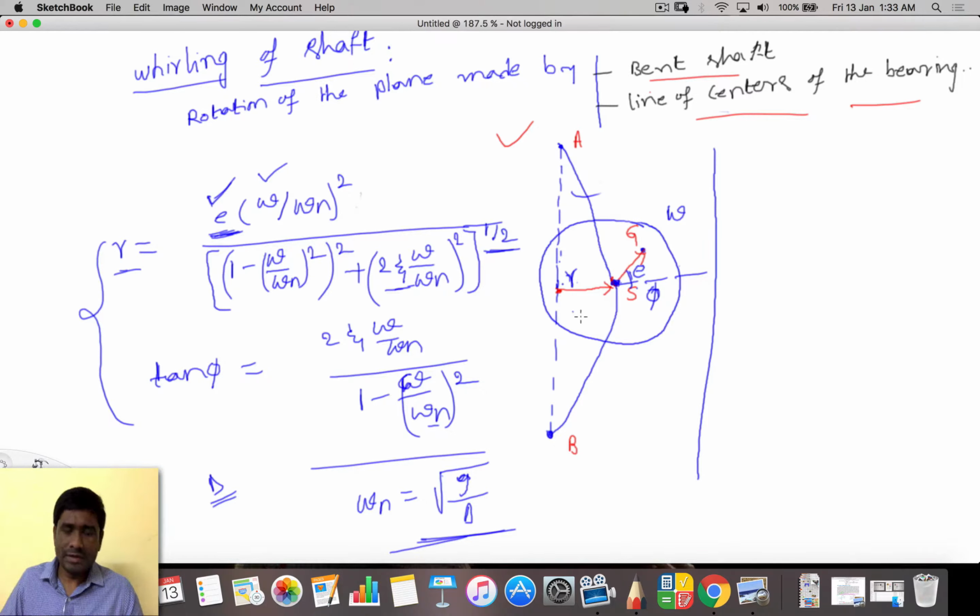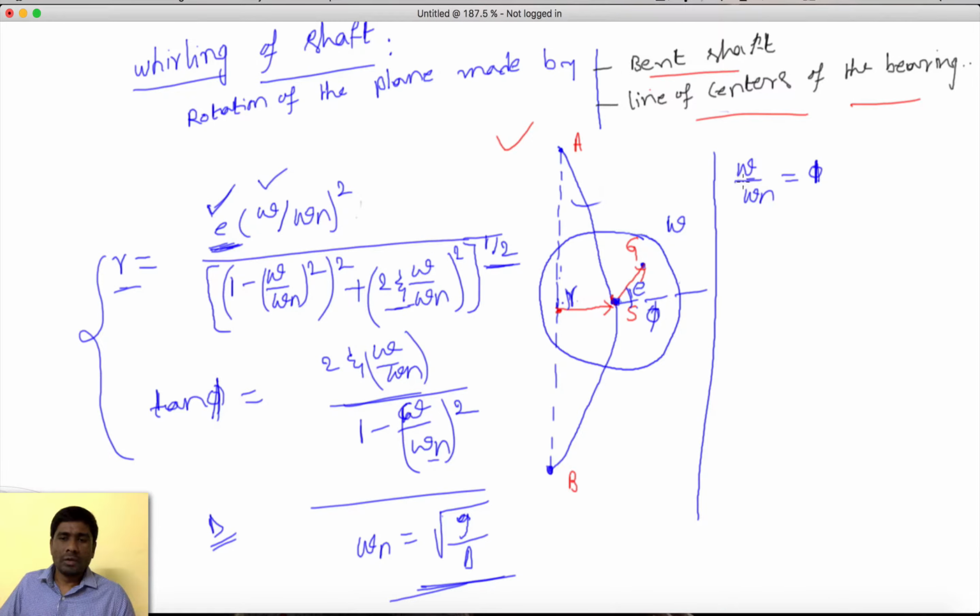As the rotation of this disc is increased, automatically this R and E orientation also changes, because this phi value depends on this omega by omega n ratio. So we will see how it changes. Case 1, for example, when omega by omega n equal to 1, that means the shaft and disc system is moving with a velocity omega n.